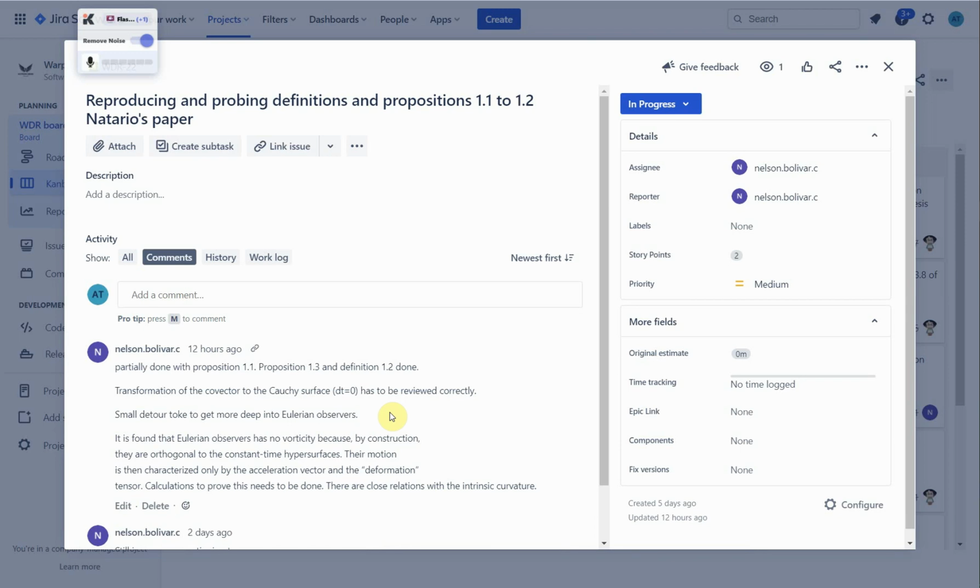And this definition uses what we call covectors, which are normal vectors to this surface I told you about.